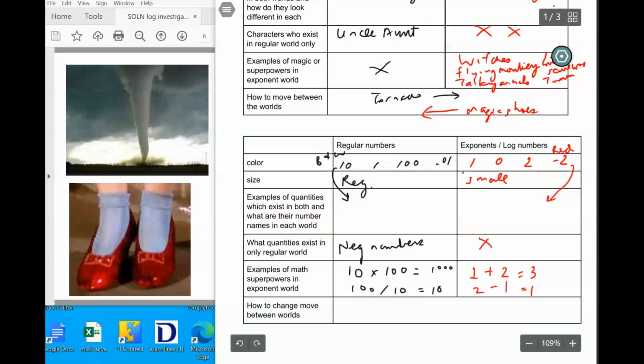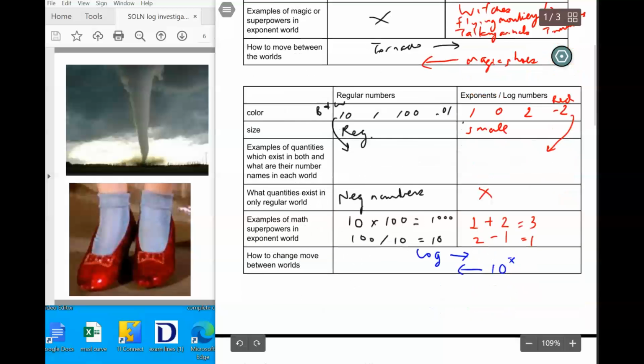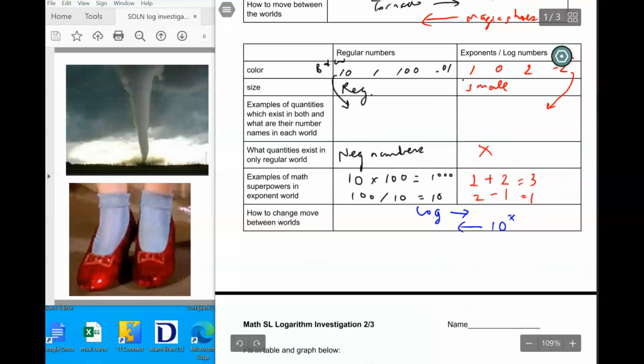Well, we use an operation called exponents in one direction, and we use logs in the other direction. So to go from the regular world to the log world, we do an operation called log. And to move back, we do an operation called exponent.